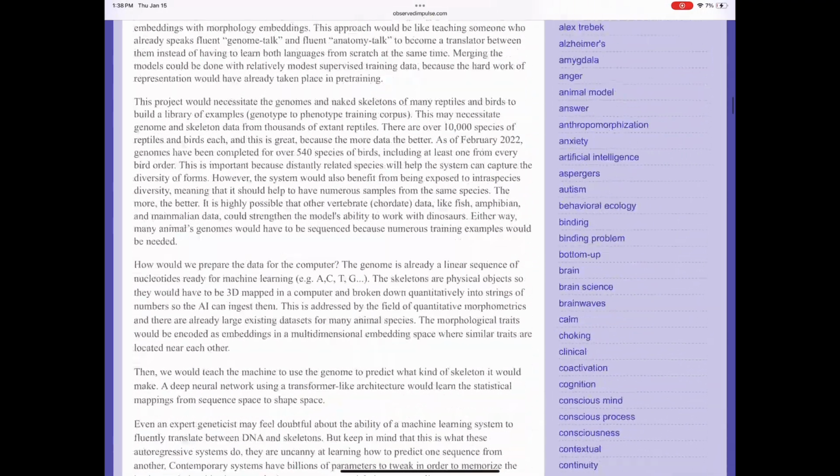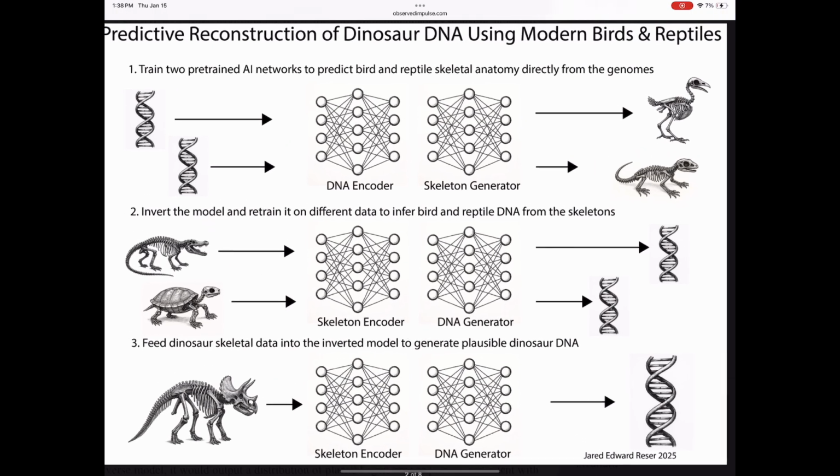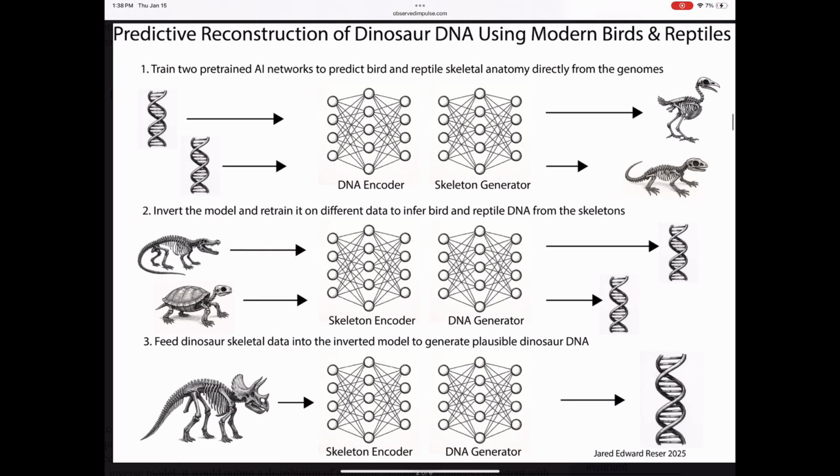And I think we could get pretty close to functional genomes for dinosaurs. And that's what we need to recreate them, right? We would need a genome. And so this is basically what you would need to create a Jurassic Park. And I think that advanced AI will bring it to us.